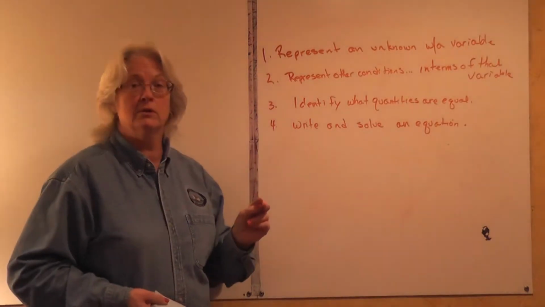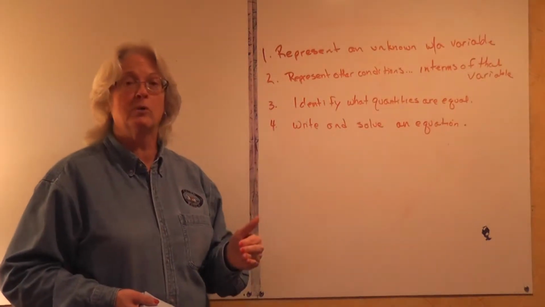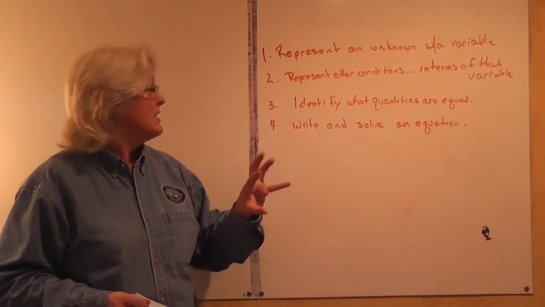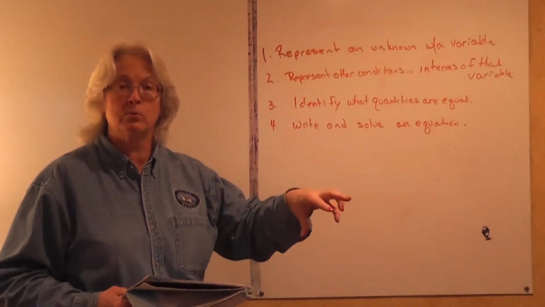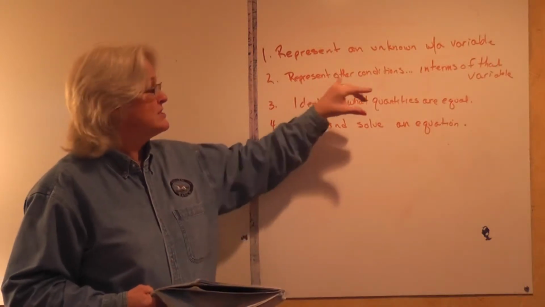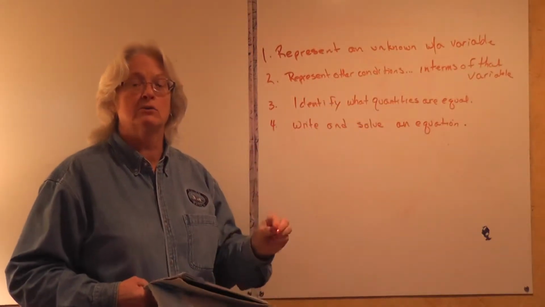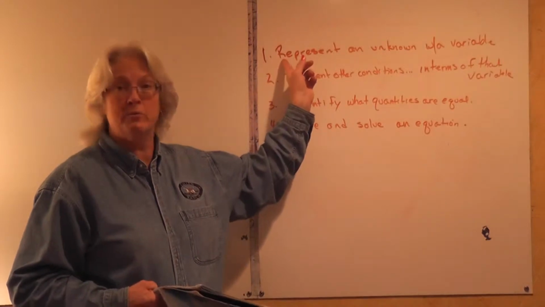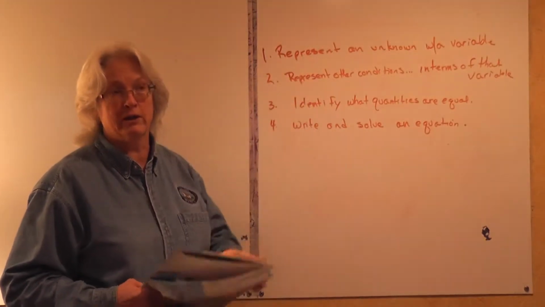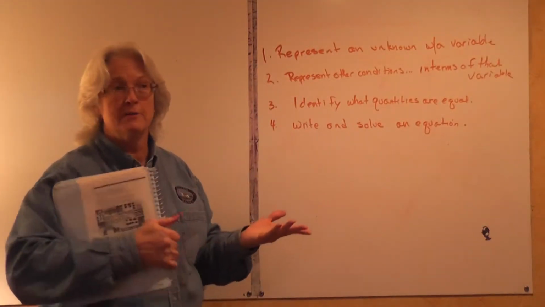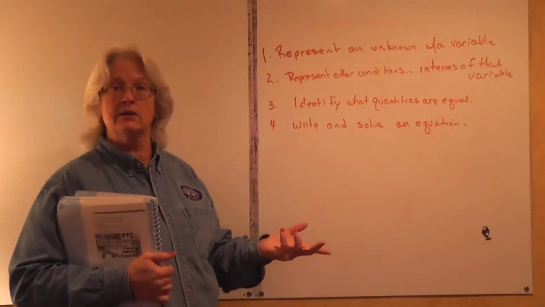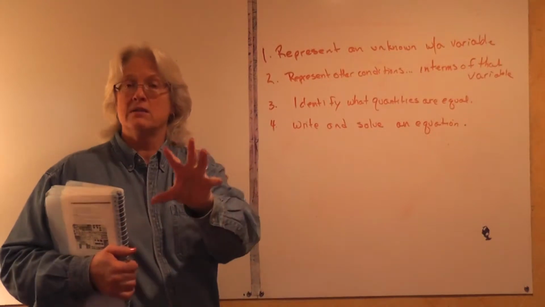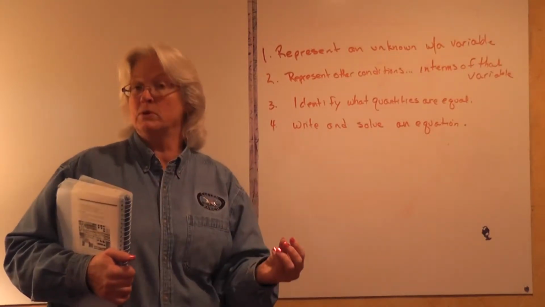Then we're going to read a little bit further in our problem, and we're going to make certain that any other conditions that we find in that problem, we represent in terms of the same variable that we've picked up here in the front. Like if we're talking about Bill's age, and we say let B represent Bill's age, and we say that John's age is 2 more than Bill's age.